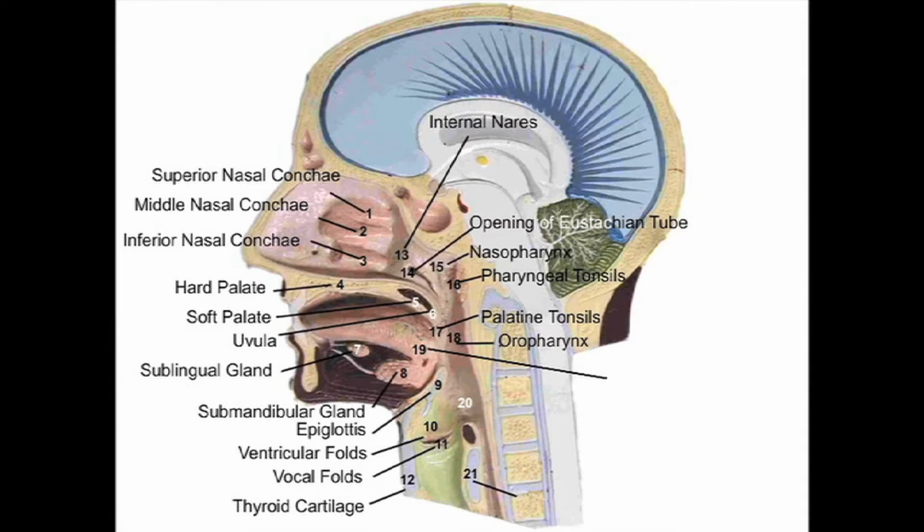And we have 19, which is going to be our fauces. And then 20, which is going to be our laryngeal pharynx, and that's going to be describing this area right here. And now 21, the last part, which is going to be another part of our cartilage in our throat that helps protect our airway, which is going to be the cricoid cartilage.